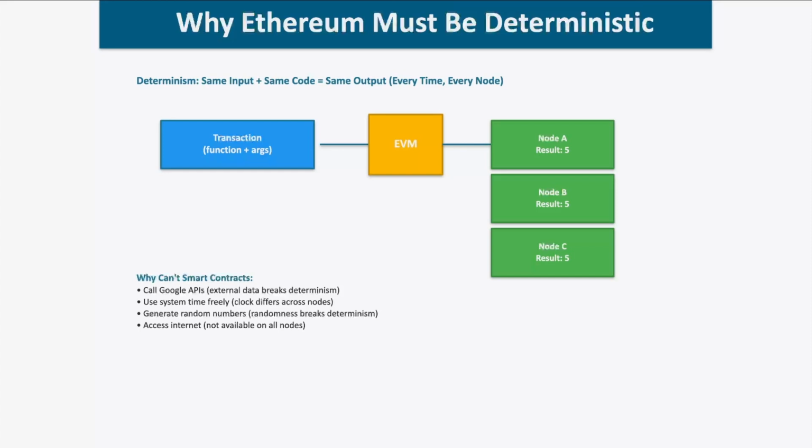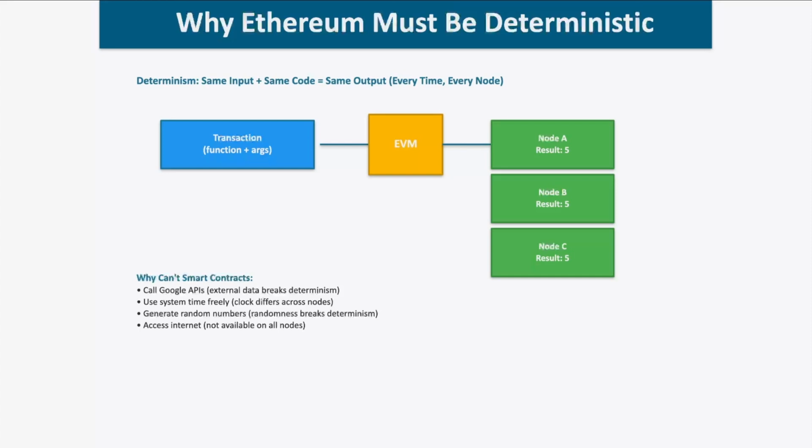If one node's clock was different from another's, time-dependent code would diverge. If randomness was truly random, every node would generate different random numbers, and they'd never agree. External data is the enemy of determinism.